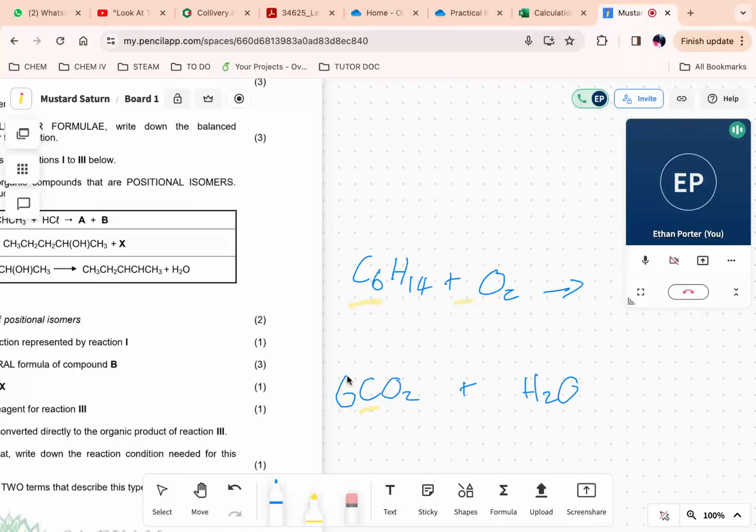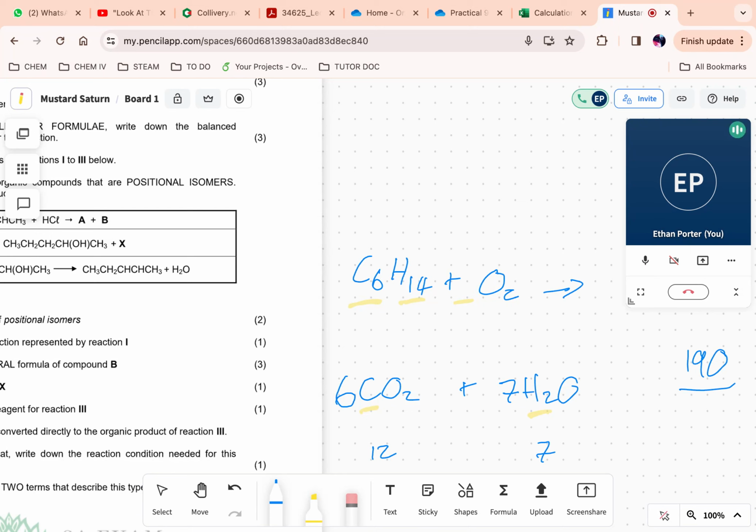So here we definitely have 6. And then we have 14 hydrogens, so there has to be 14 here as well, which means this is 7. Now, if we count the oxygens, this gives us a total of 6 times 2, 12, and 7 times 1, 7. That's 19 oxygens in total.